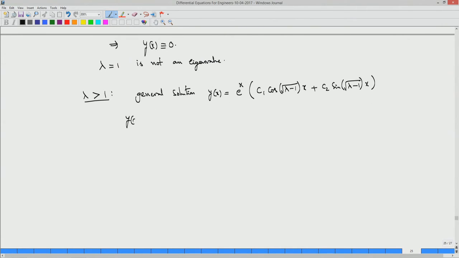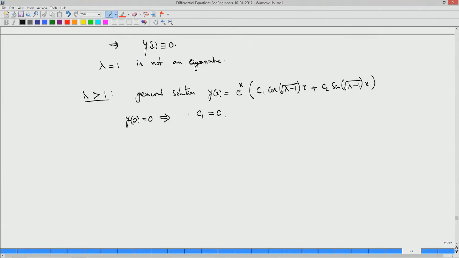Now we apply the boundary conditions. y(0) = 0: e^0 is 1, so putting x equal to 0 gives c1 equal to 0.